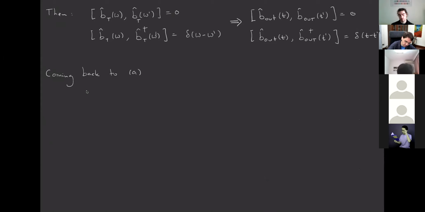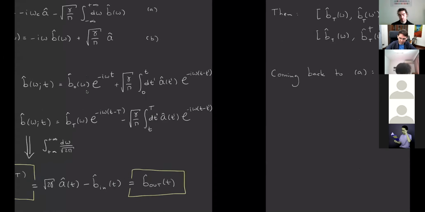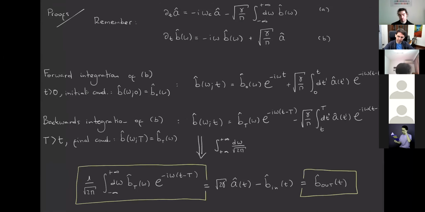to the equation A. So in particular, what I mean by coming back is that now we have the formal integration of the external operators at time t in 2 ways, forward and backward.